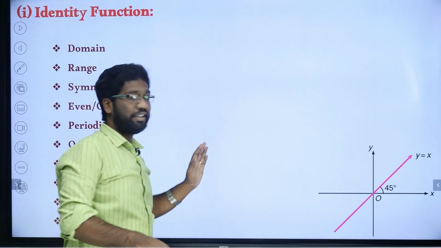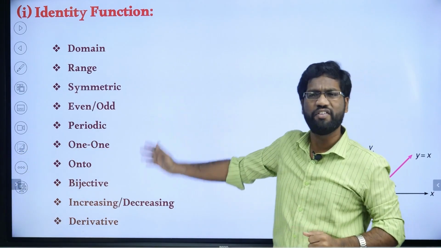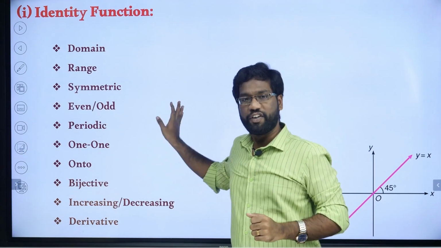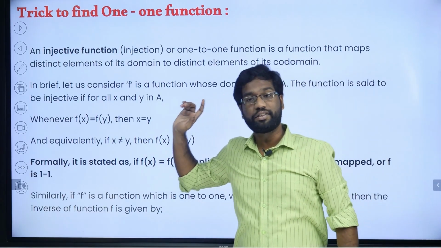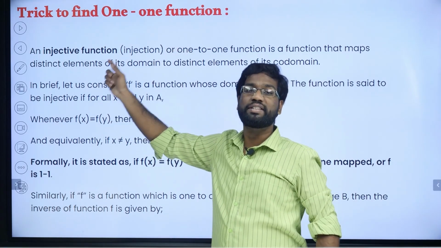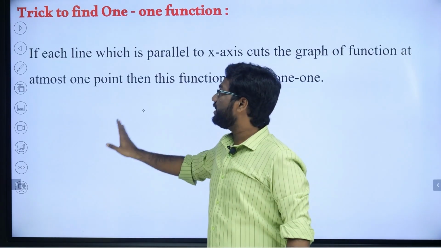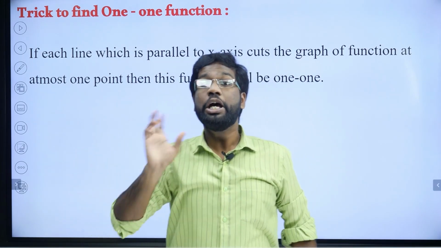These things I have already explained to you: what is the identity function, domain, range, symmetry, everything. If you have any doubt, please go and watch that lecture. I also explained the trick to find a one-to-one function, which is also called an injective function, how to find the one-to-one function through the graph.